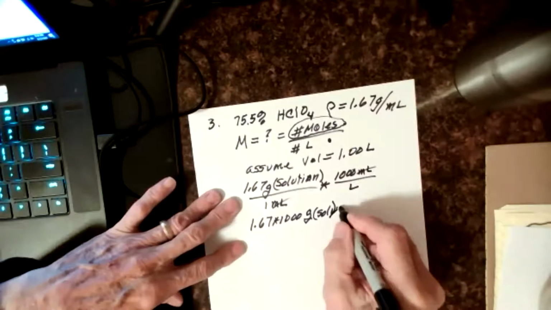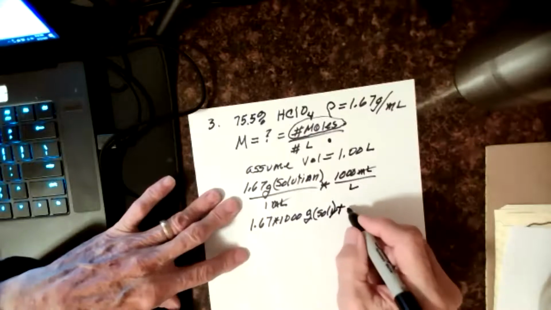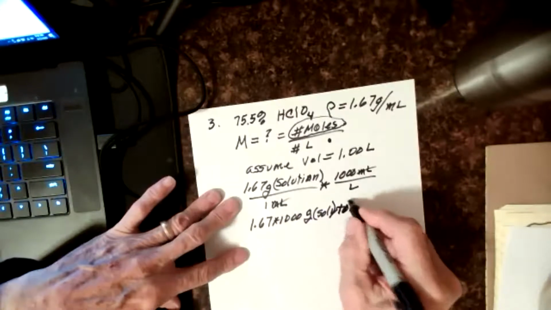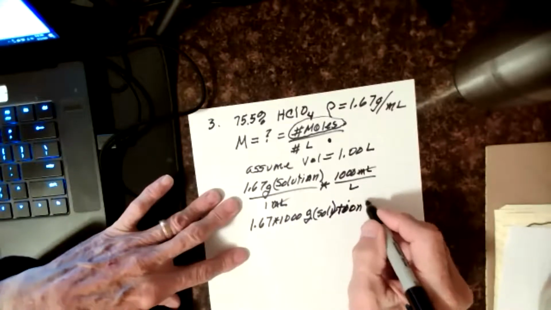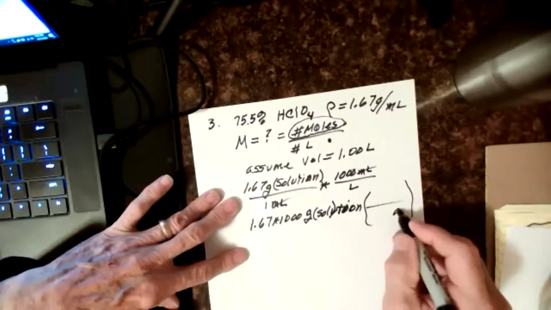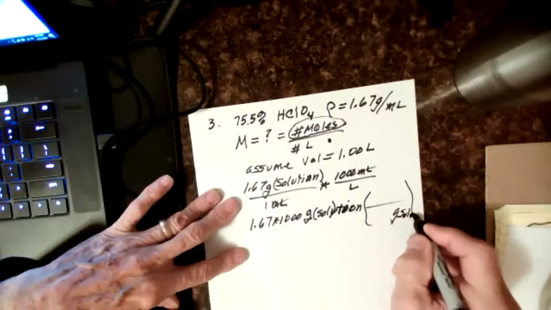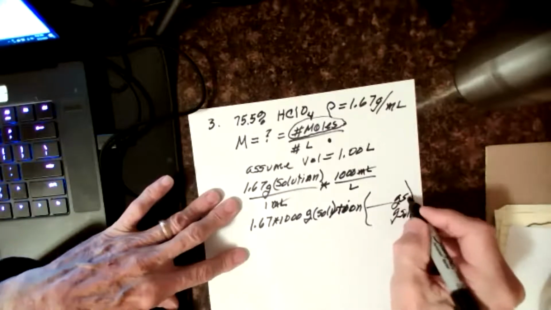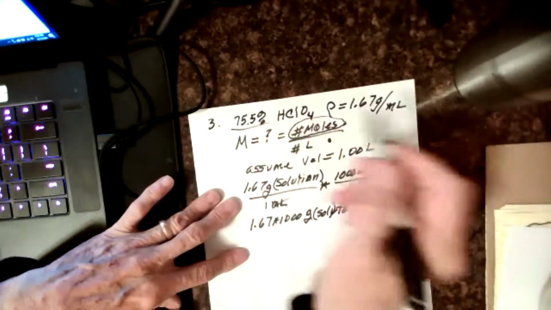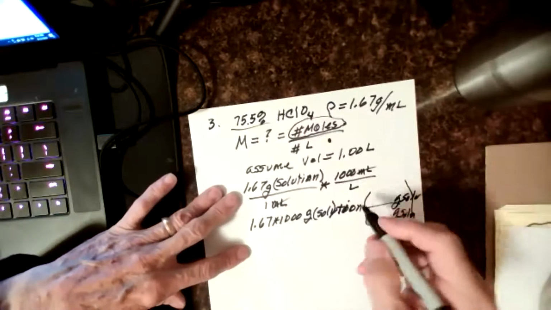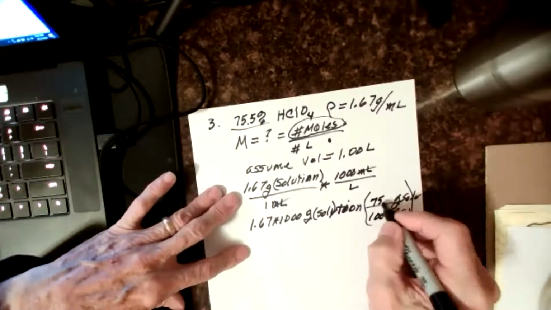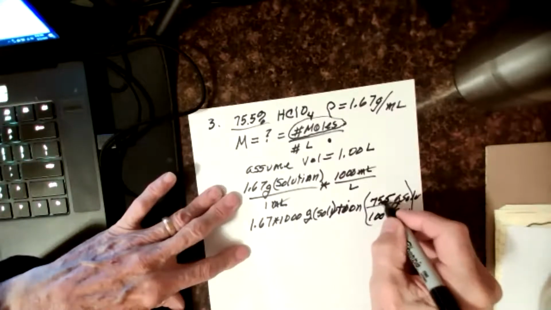Now, I guess I need to spell that. I got to distinguish between solution, S-O-L-U-T-I-O-N, grams of solution. And now I want to convert from grams of the solution to grams of solute. Okay? And I can do that because the percentage is given. If I had 100 grams of the solution, it would contain 75.5 grams of the solute.